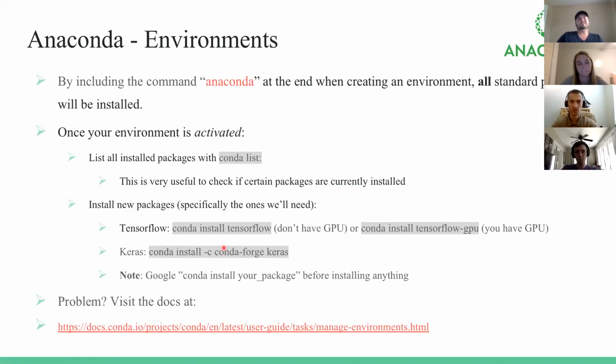You don't typically have to type -c anaconda, because the channels are prioritized by default, and the anaconda channel, where most of the packages come from, is prioritized number one. So it's assumed by default that the channel is anaconda, and that's why I don't have it written here. But if you do write it, it's not going to hurt anything.